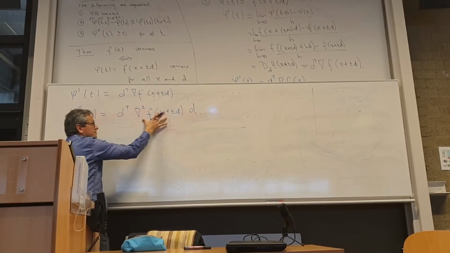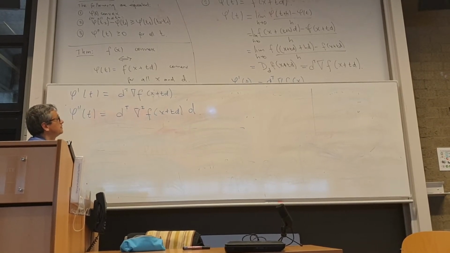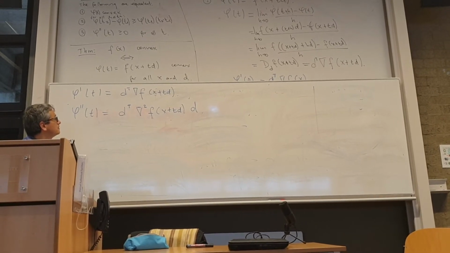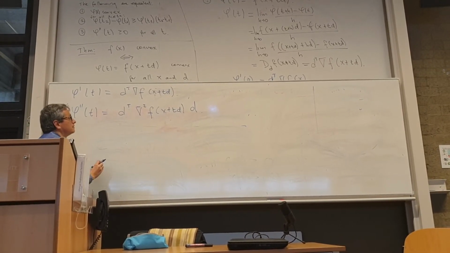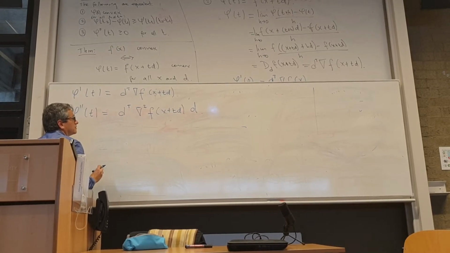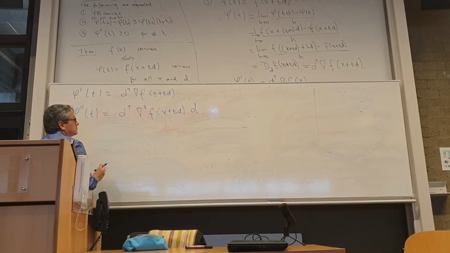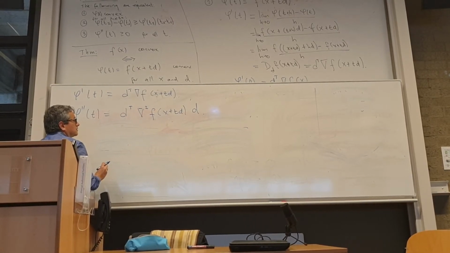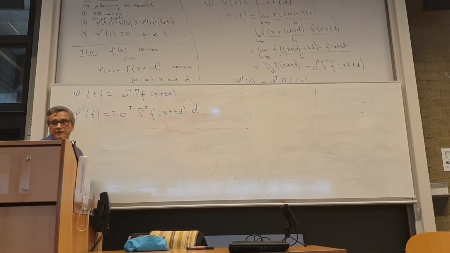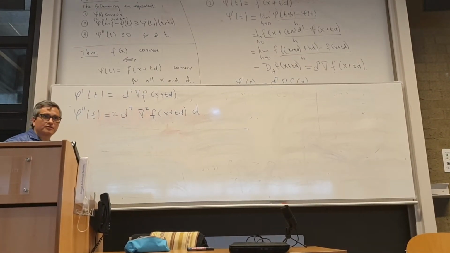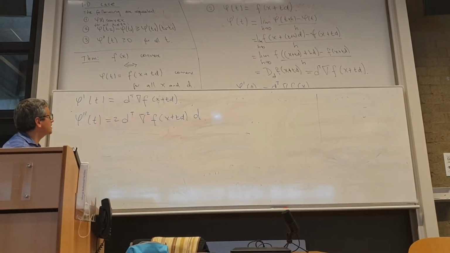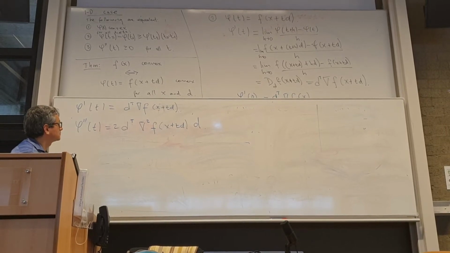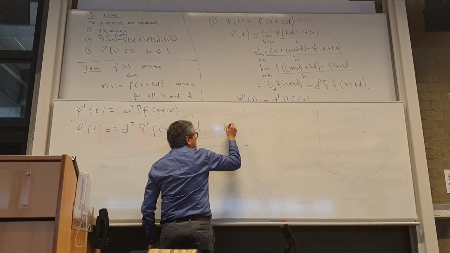So remember, this is a matrix. So we get d transpose Hessian of f of x plus td d. So check this as an exercise.